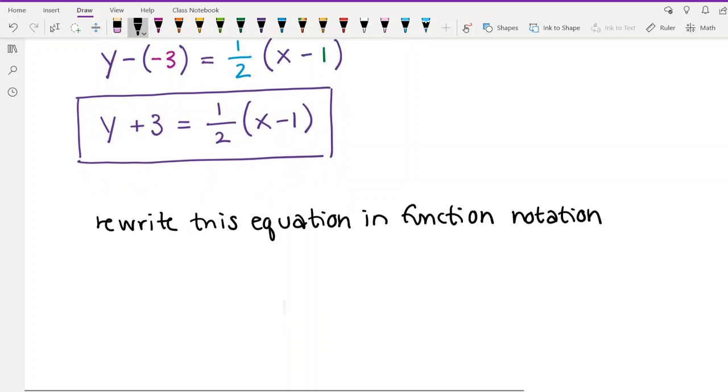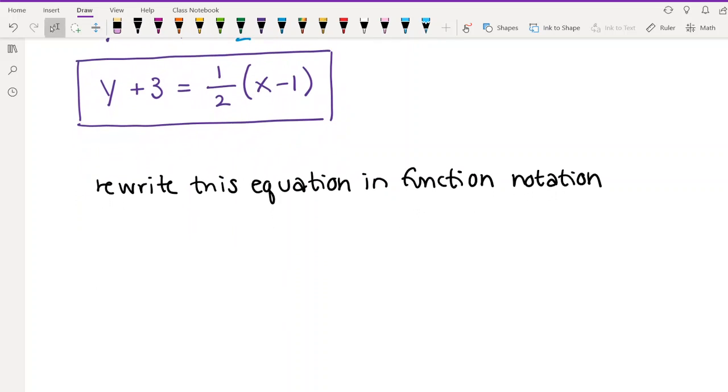So how would we do that? Well, basically all we need to do is take the equation that we have here and solve it for y. Because once you have y is equal to something, then you can rewrite it as f of x is equal to whatever. So how do we solve this for y?